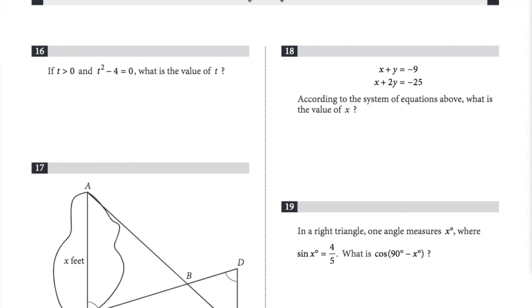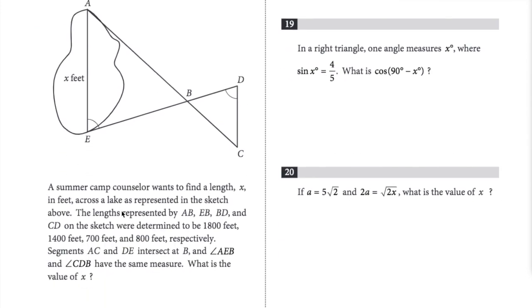So number 17. Here we have a summer camp counselor who wants to find x in feet across a lake, as represented in the sketch above. The lengths represented by AB, EB, BD, and CD in the sketch were determined to be, so we're going to label them. We know AB is 1800, so we can write 1800 right here.